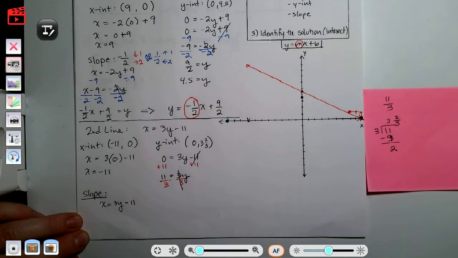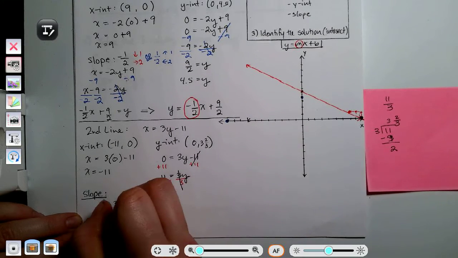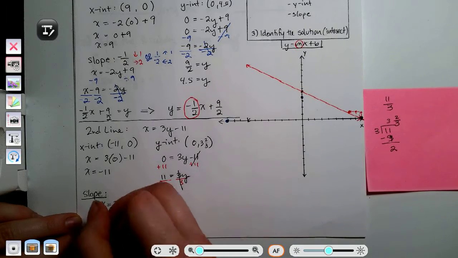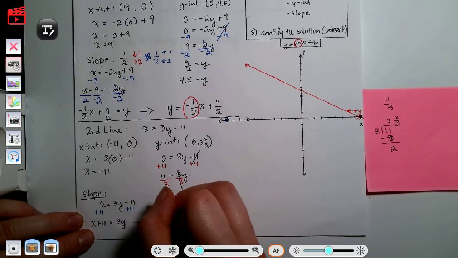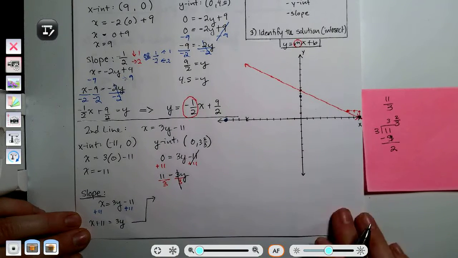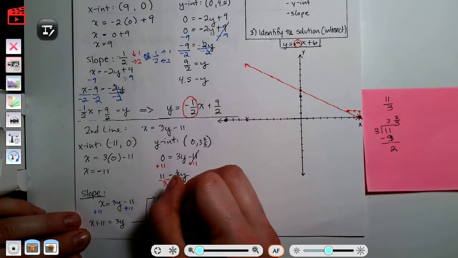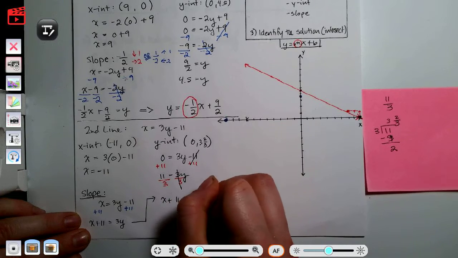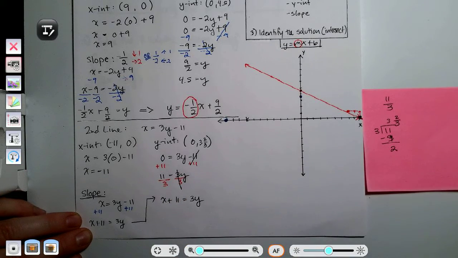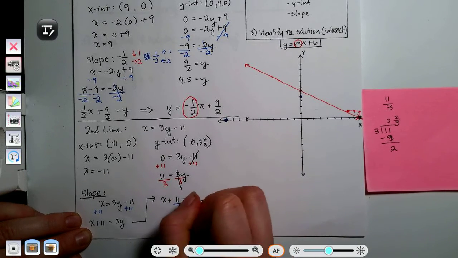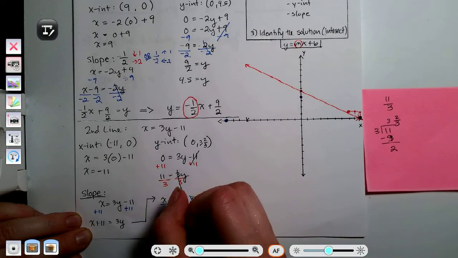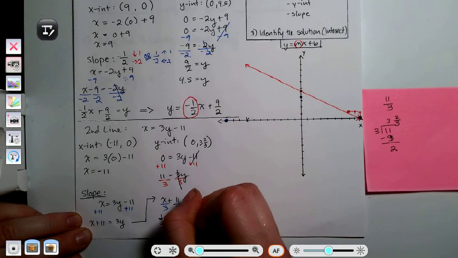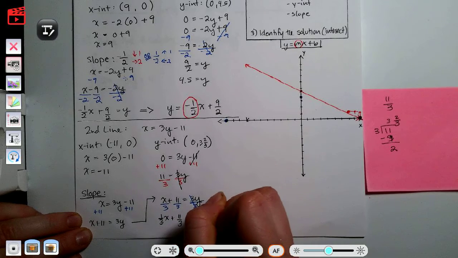So, isolating y, we'll add 11 to both sides. x plus 11 equals 3y. Getting y by itself, let's divide both sides by 3. So I have 1 over 3x plus 11 over 3 equals y.